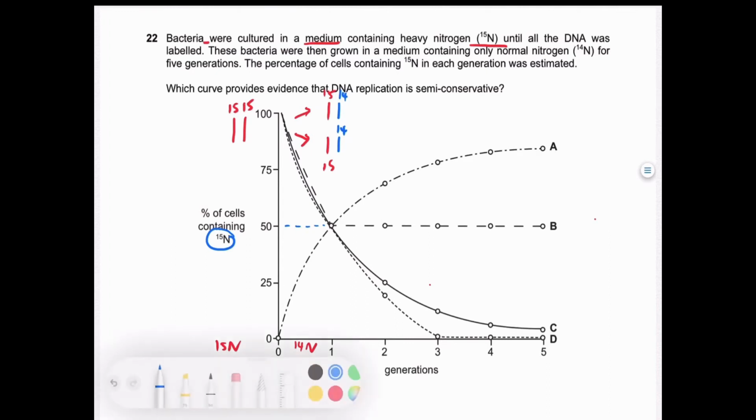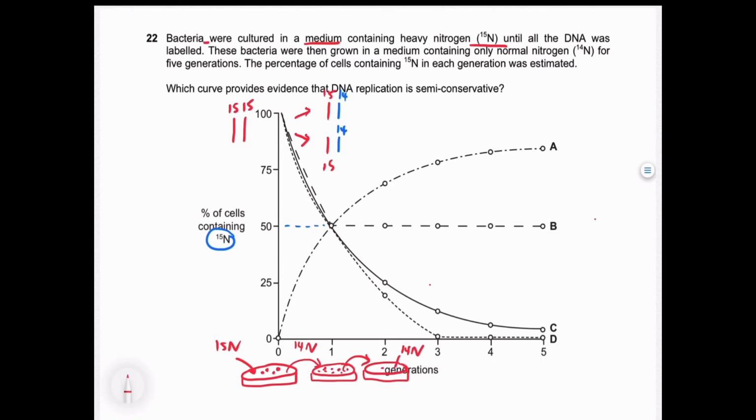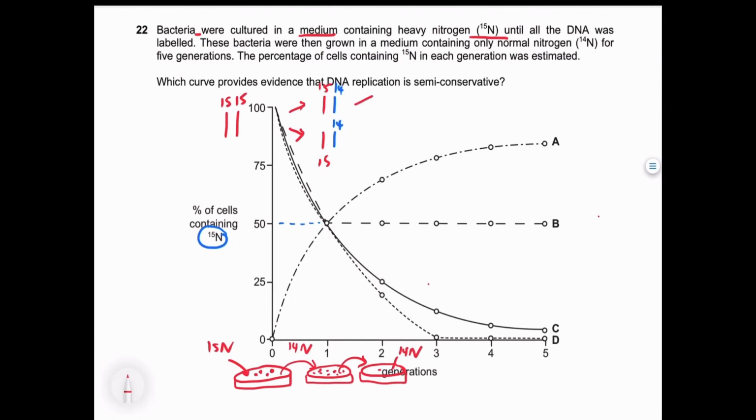Continue with the next generation. They're going to grow the bacteria in 14N still. In the subsequent generation, the bacteria will continue to multiply.